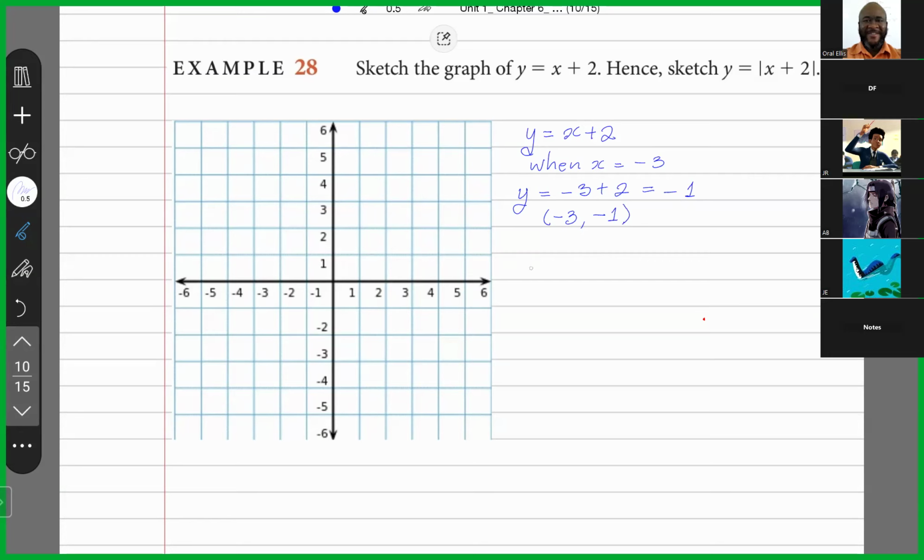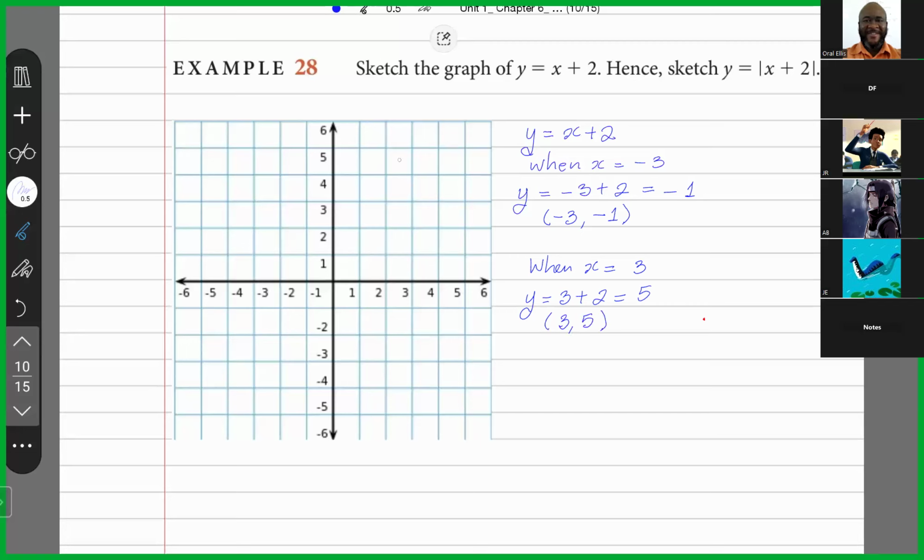But remember, I said we need 2 points to draw a straight line. So let's choose another value of x. I might say when x is equal to, let us say, positive 3, y would be equal to 3 plus 2, which is 5. And so another point on the line is 3, 5.